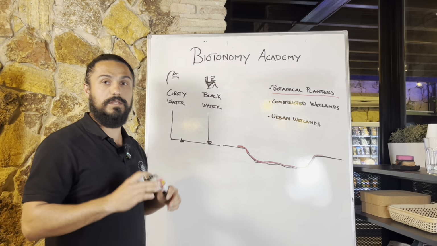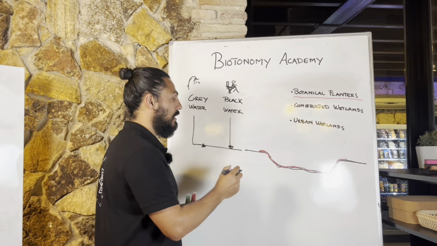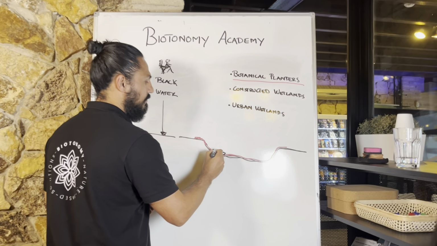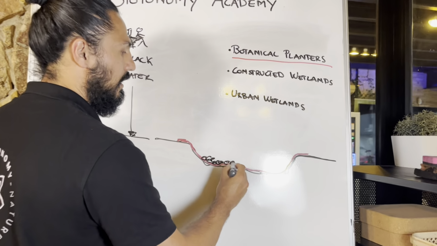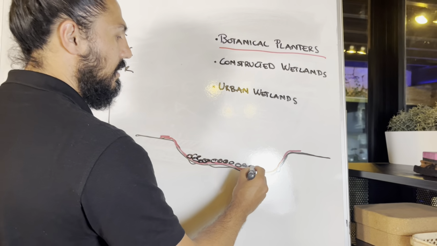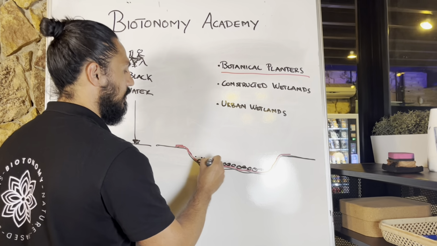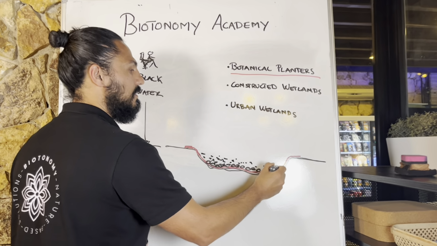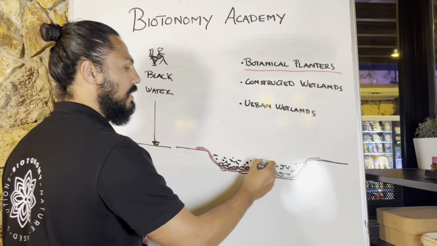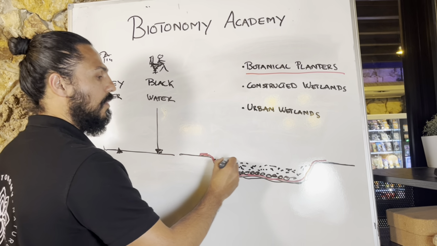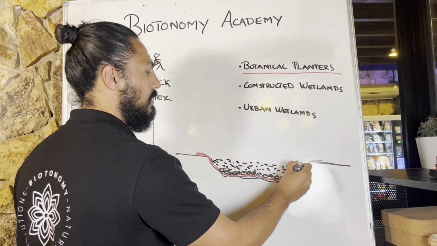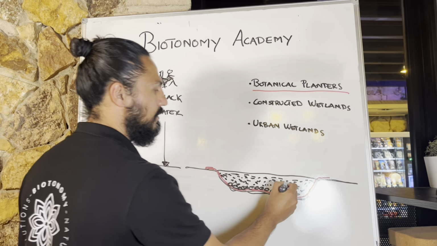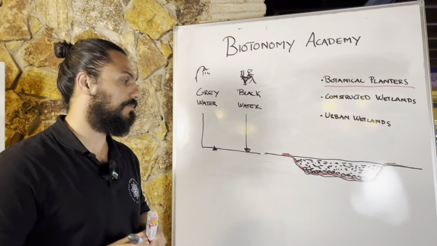We don't put any soil or anything. So here we place a lot of rocks in the system, and then we fill the whole thing with basically gravel. The reason we do that is because we want to contain water in here, right? So we go all the way to the surface, and this is all filled with gravel.